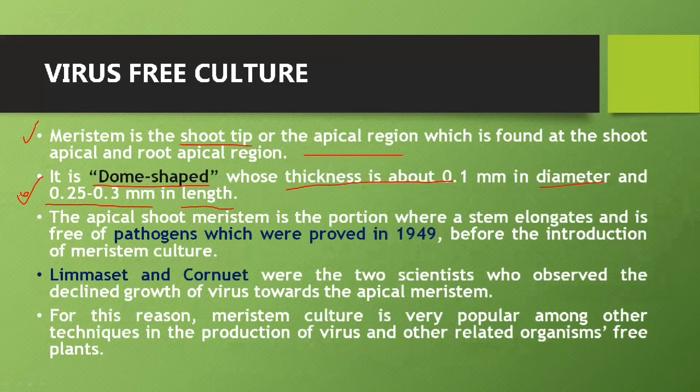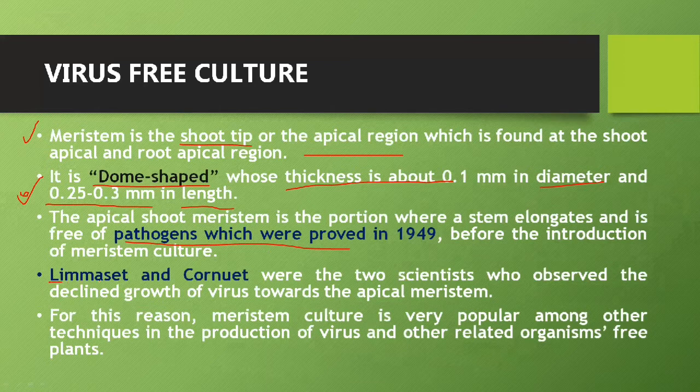The apical shoot meristem is the portion where the stem elongates, and it was discovered in 1949 that this portion was pathogen free, proving that it is not harmed by pathogens. Why? Because they are actively dividing cells, so pathogens cannot reach this part of the plant.